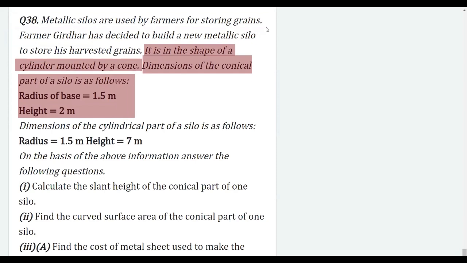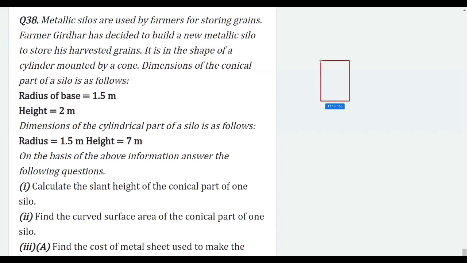I'm going to make a cylinder and a cone above it, this being the base of the cylinder. And as you can see, they have the same base.